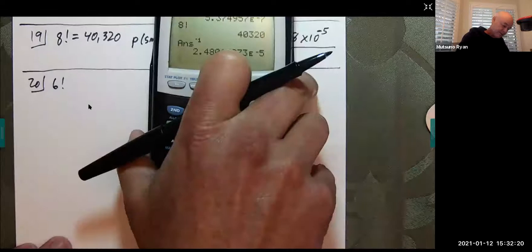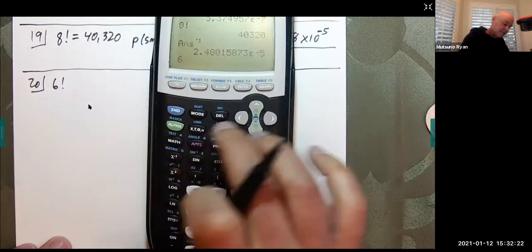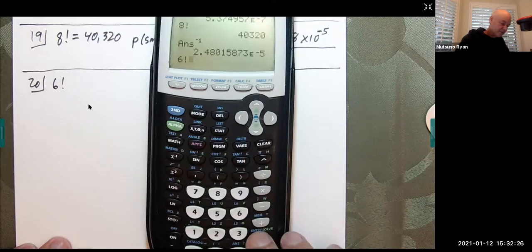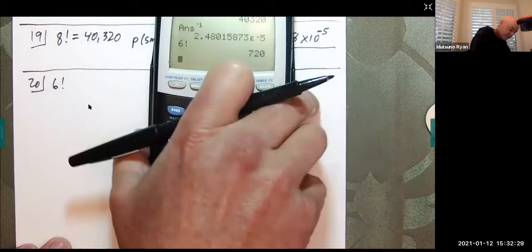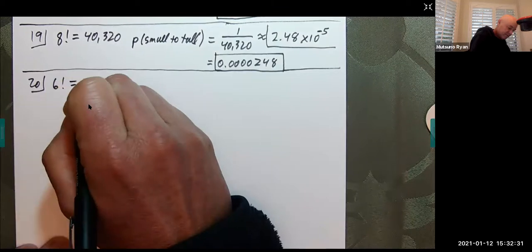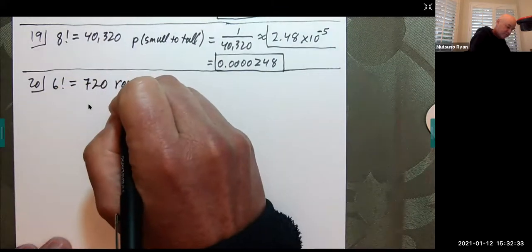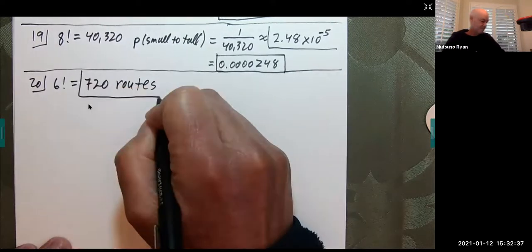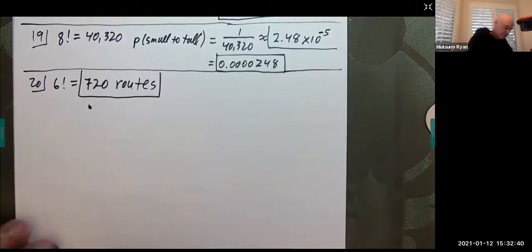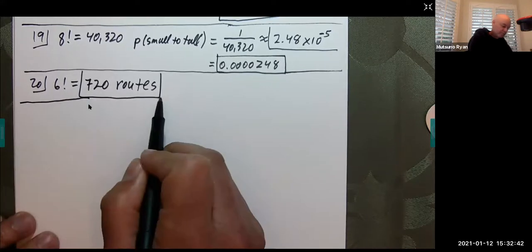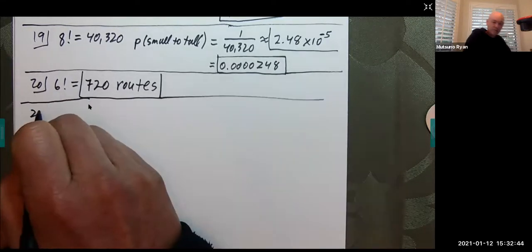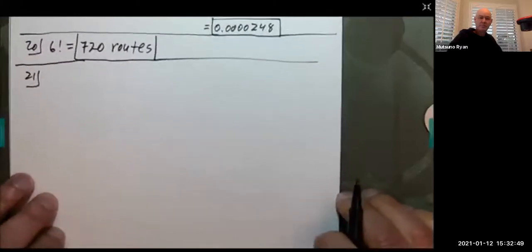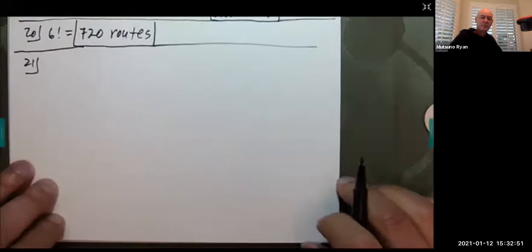So 6, math, probability, factorial, 720.